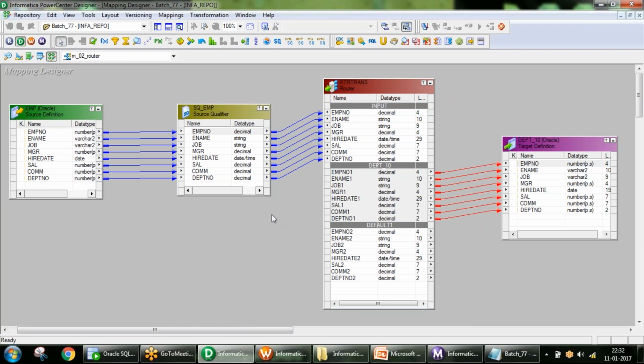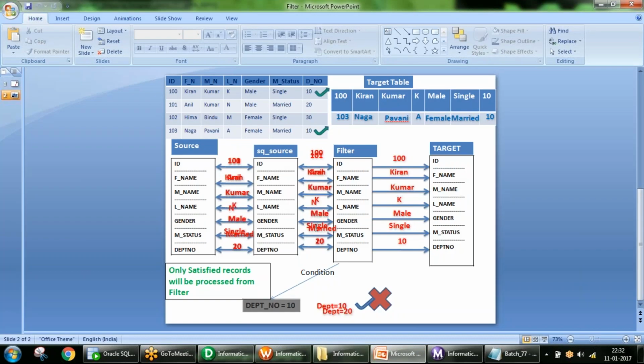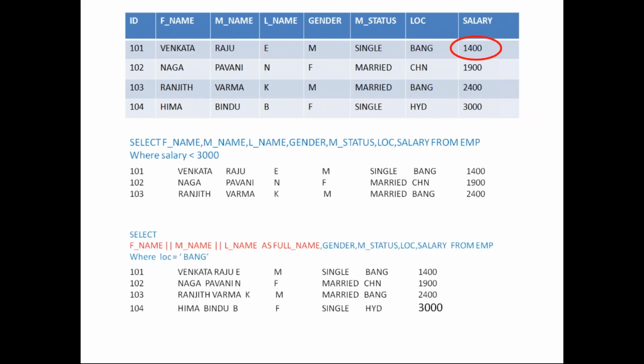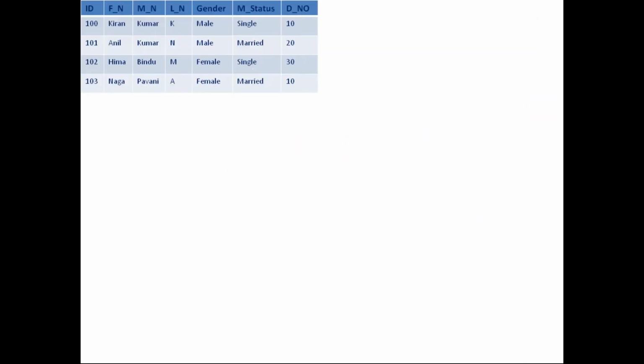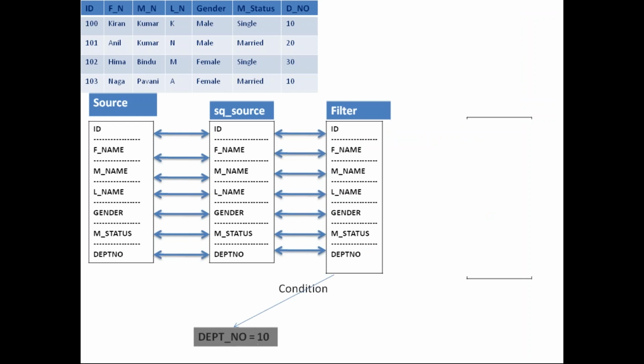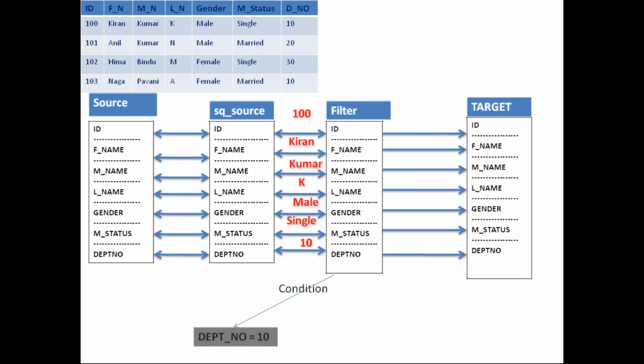What is the limitation of the filter transformation? When you are executing your job with the filter transformation, the matching record is loaded into your target table. What about unmatched records? We don't have any control over the unmatched records in the filter transformation.